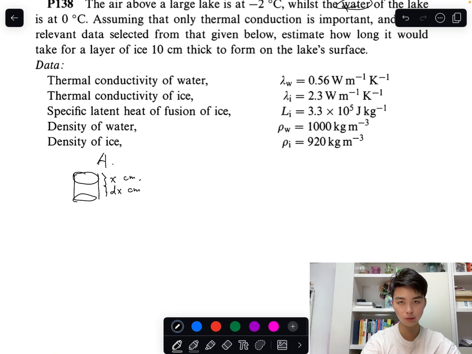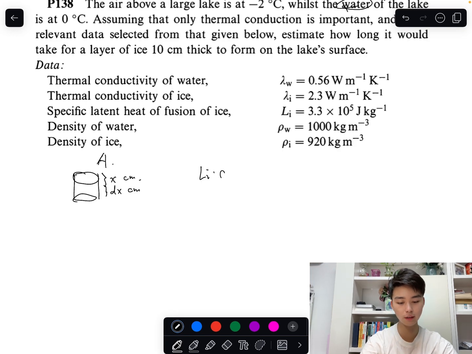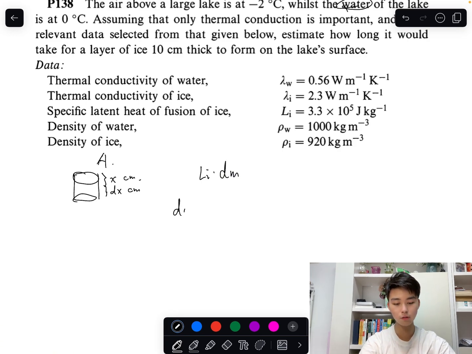The latent heat needed for this would be Li times dm, but this dm equals A times dx, right?